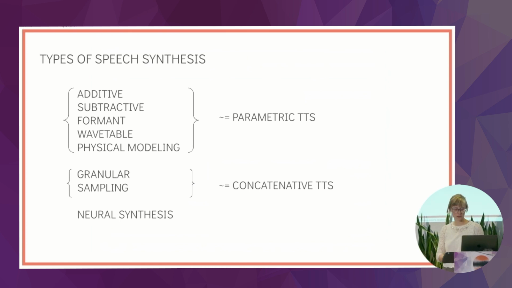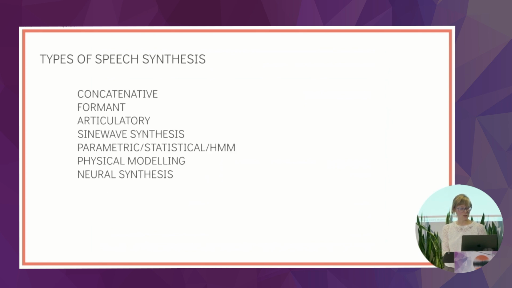And then we also have neural synthesis later. So these are our broad areas of speech synthesis. We have concatenative, then we have all of these parametric ones: formant, articulatory, statistical. We have physical modeling, and then neural synthesis. And these are the ones we're looking at mostly today, although I will cover a little bit of the other ones in the history section, except for neural synthesis.